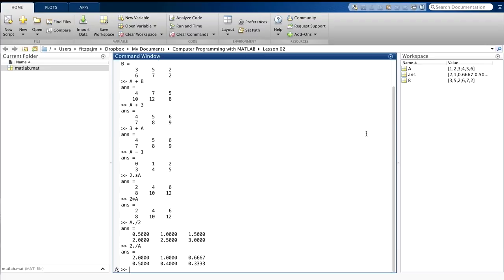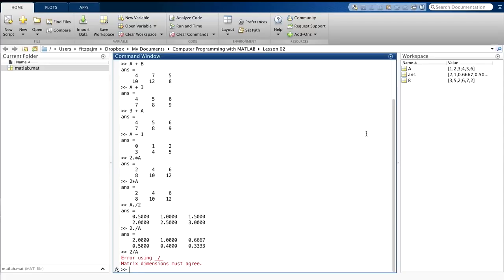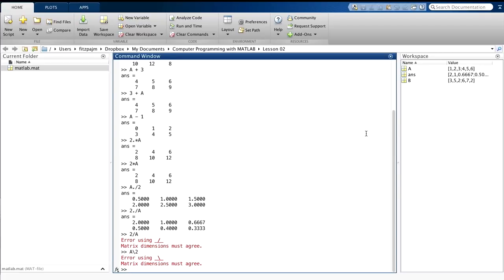The matrix versions of division with a scalar and a matrix don't work though. So 2, say, divided by A. Matlab doesn't like that. And A under 2 also gives an error.